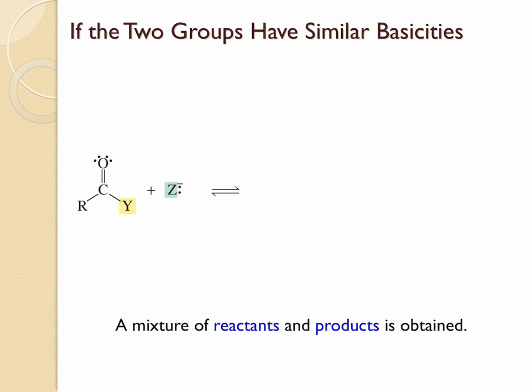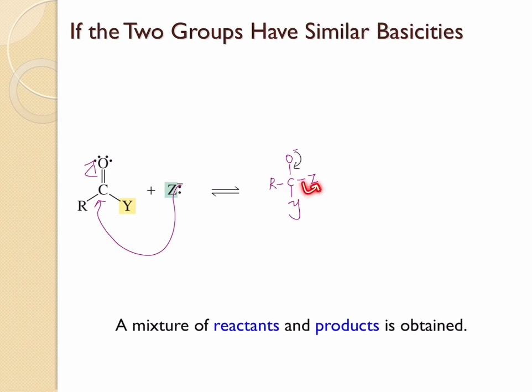Now let's say that the two groups have exactly the same basicities. In which case, both the reactants as well as the products are going to be formed. So here in this case, the Z minus is going to attack, and these electrons are going to go to the oxygen. Again, the tetrahedral intermediate will be formed, and as these electrons come in, both of these have the possibility to leave.